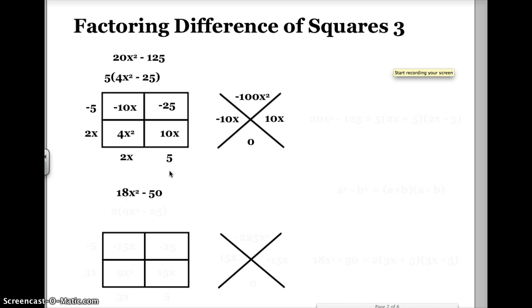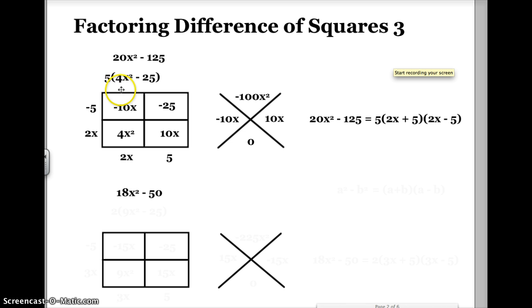So it's positive 5. Now, let's write that as a sum and a product. My sum is 20x squared minus 125, and my product is going to be 5 times 2x plus 5 times 2x minus 5. The 2x plus 5 comes from that dimension, and the 2x minus 5 comes from this dimension.